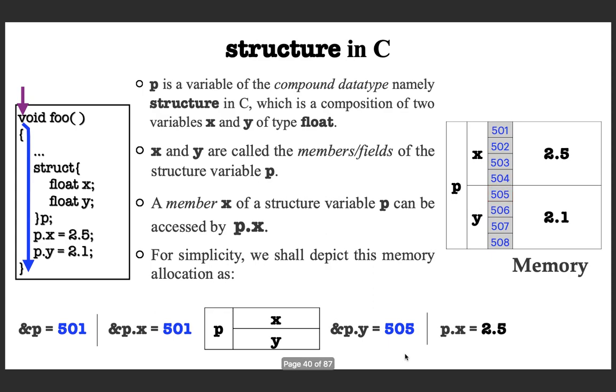And if you look at p dot x, what is it? The value of the variable x in p is referred to as p dot x, and the address of p dot x is like this. Similarly, p dot y is the value of the y field of p.